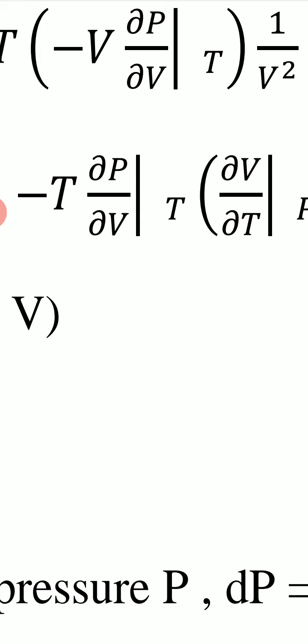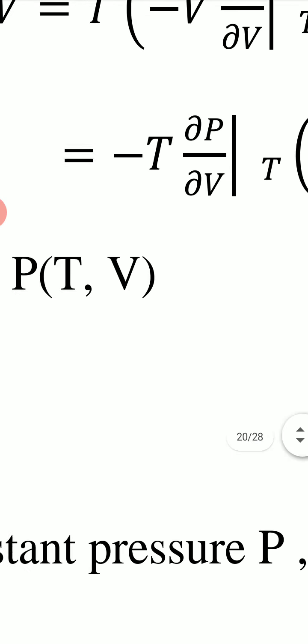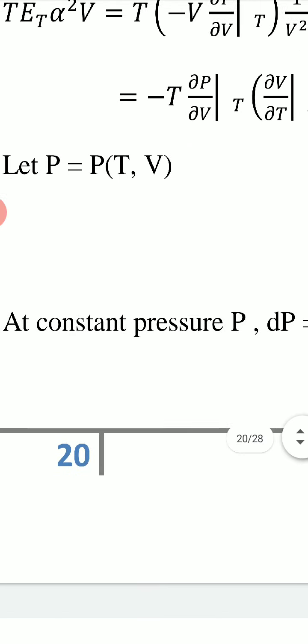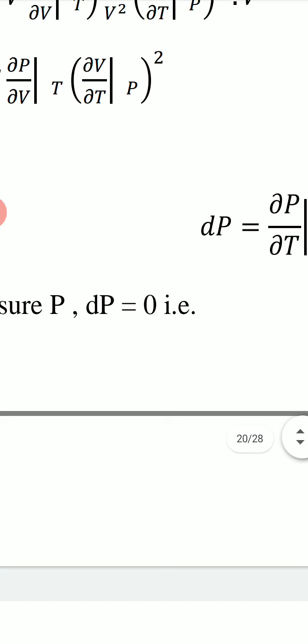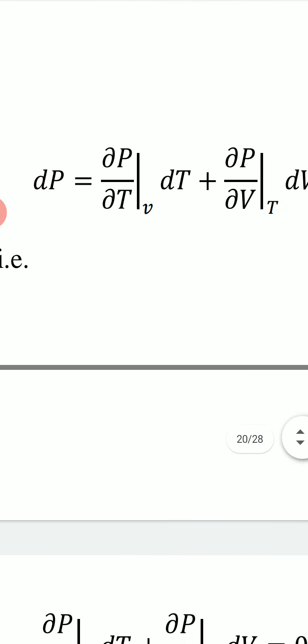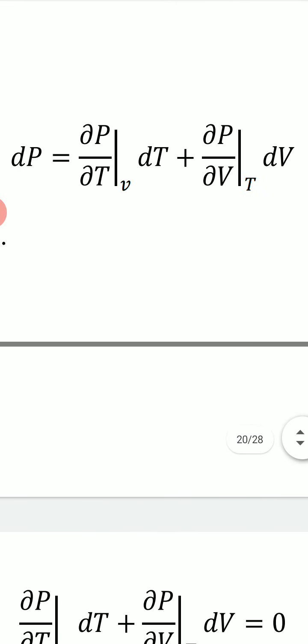So we write P as a function of V and T. Its differentiation dP will be delta P upon delta T at constant V into dT plus delta P upon delta V at constant T into dV.